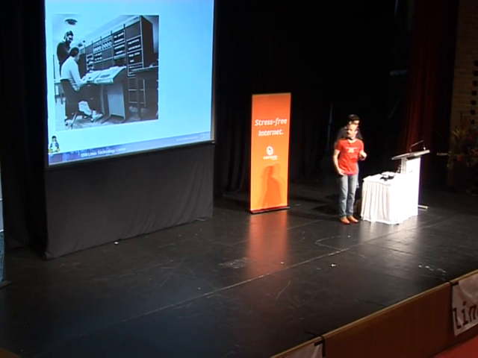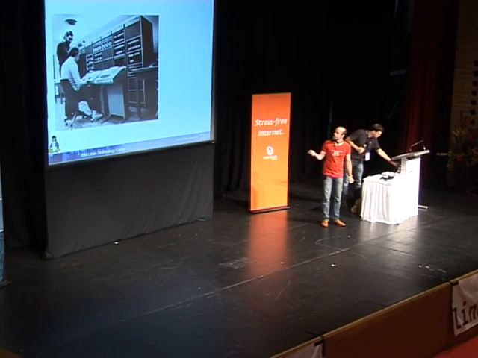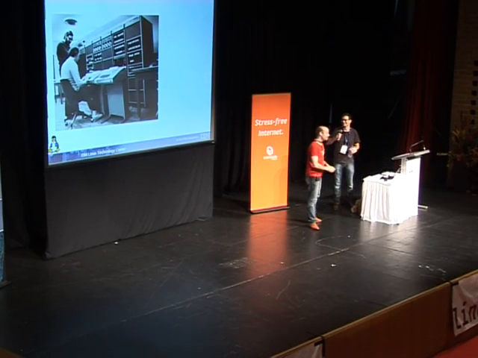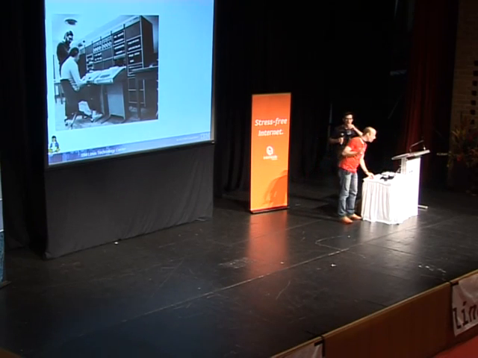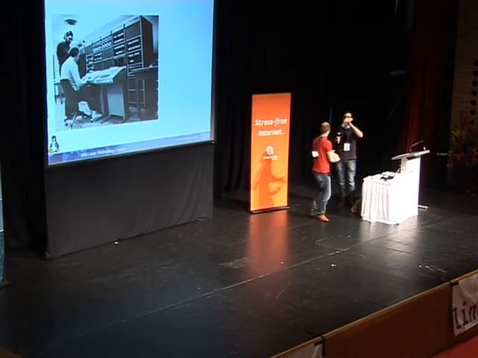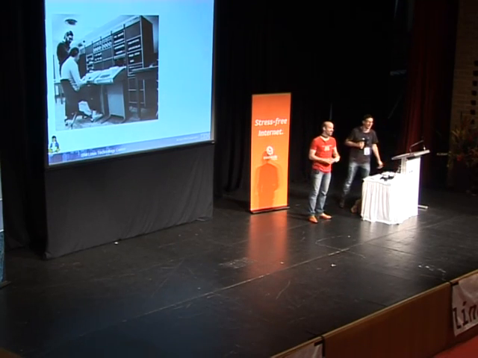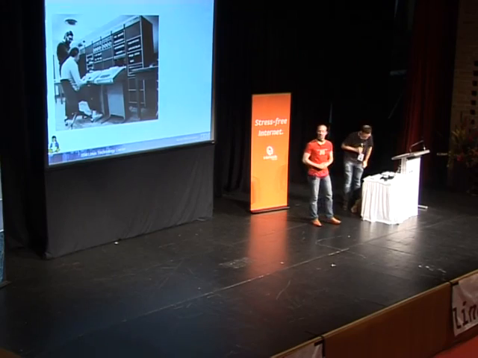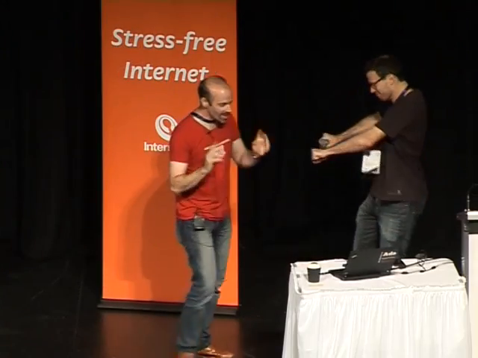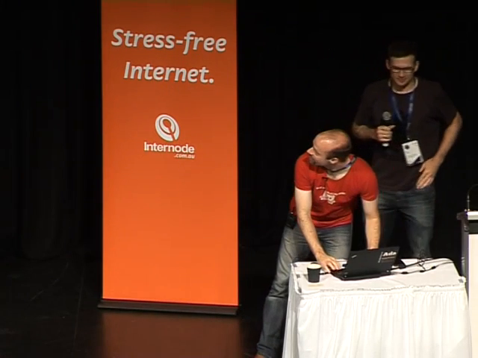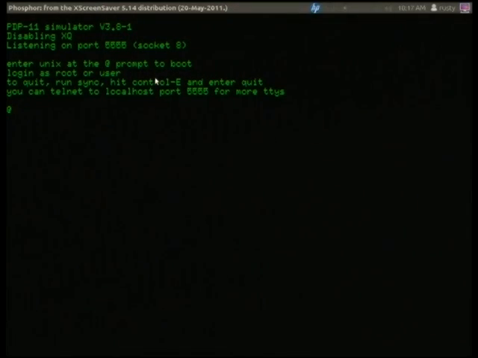Now, unfortunately, as you can see, it's a multi-user machine because there's 2 teletypes in front of it. We don't have, unfortunately, a PDP-11 here with us today. Should have asked. Thank you, Bidal. Luckily, we don't have one. So the closest thing that we can get is this. So here we go.